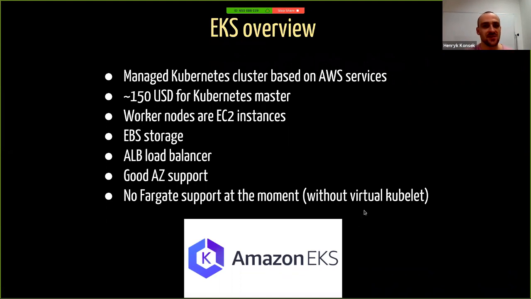Ingress load balancing is connected to the application load balancer, all this kind of stuff. We'll talk about this a little bit more later, but this is a really nice thing for existing AWS users, because that allows them to use Kubernetes as the abstraction on top of services they already know.